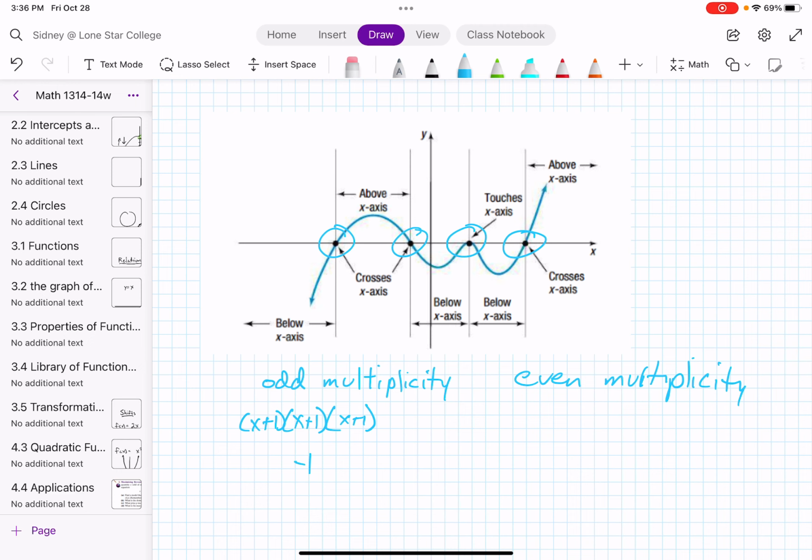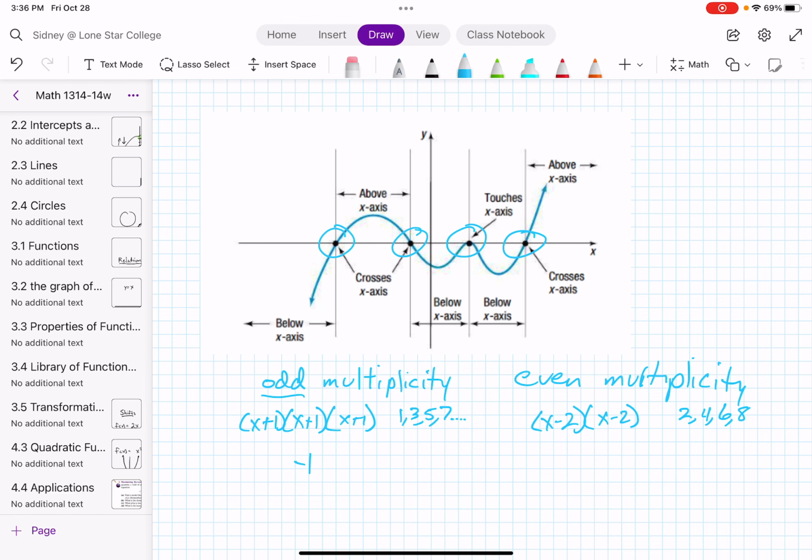This has a 0 of -1, and that -1 has a multiplicity of 3. That is an odd multiplicity. Even multiplicity means the same 0 happening an even number of times, like 2 times. Odd multiplicity would be happening 1, 3, 5, 7 times. An even multiplicity would be that factor happening 2, 4, 6, 8 times, and so on.